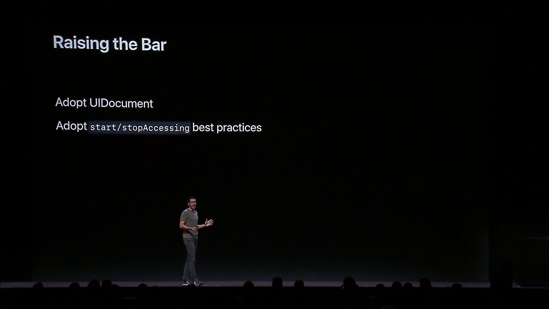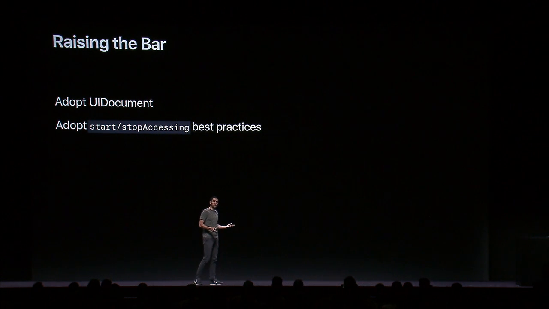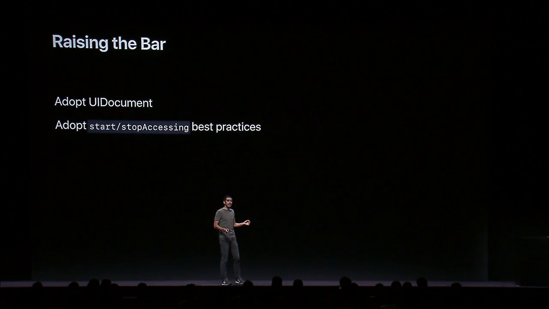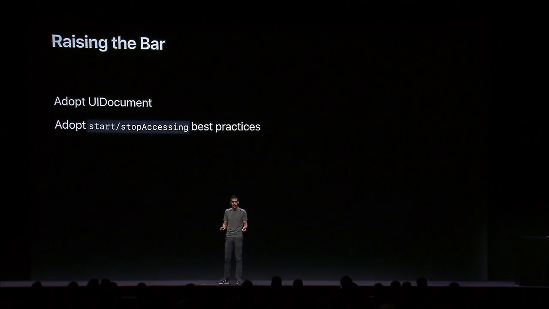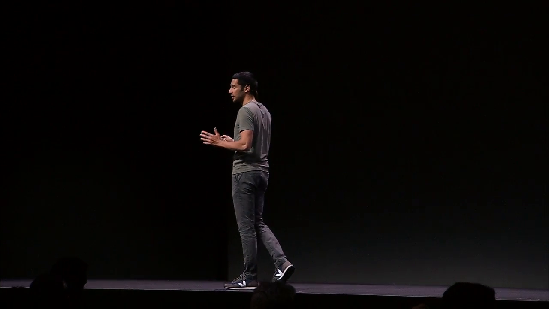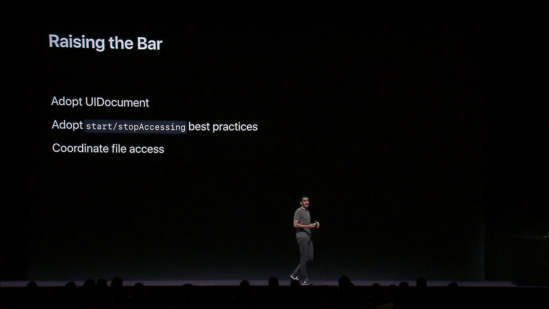However, if you already have document editing code that doesn't use UIDocument, adopt the start and stop accessing best practices to make sure that you interact successfully with the app sandbox. And also coordinate accesses to your documents to make sure that you read and write to them in a consistent state.